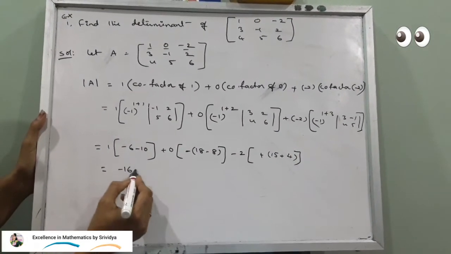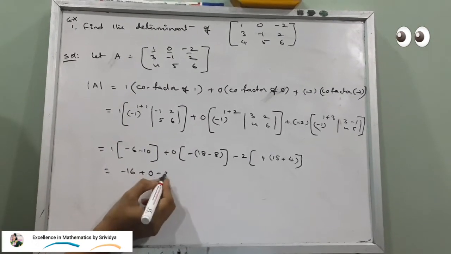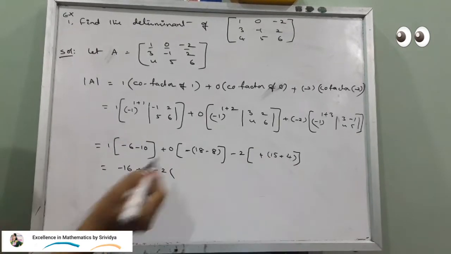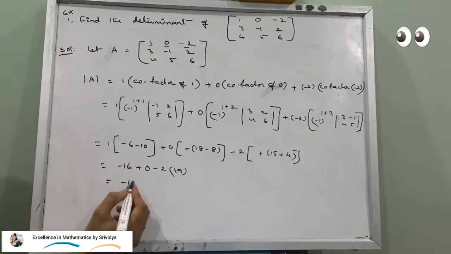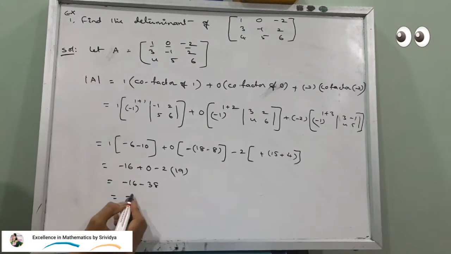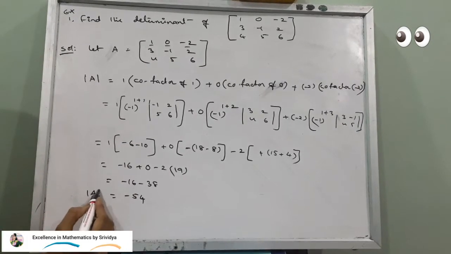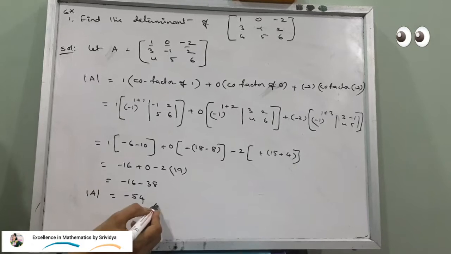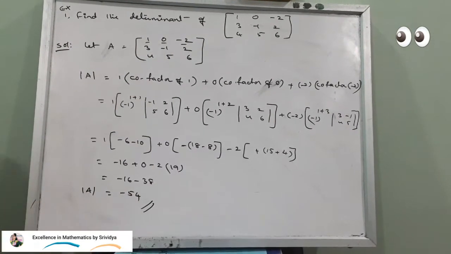That is equal to minus 6 minus 16, minus 10 minus 16, plus 0 into anything goes to 0, minus 2 into 15 plus 4, 19, which is equal to minus 16 minus 38, which is minus 54. This is the determinant of the given matrix. Determinant of A is equal to minus 54.